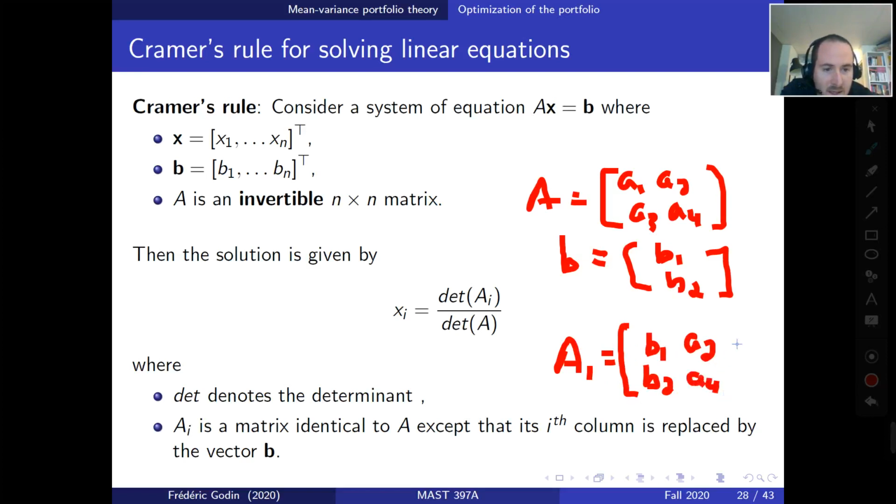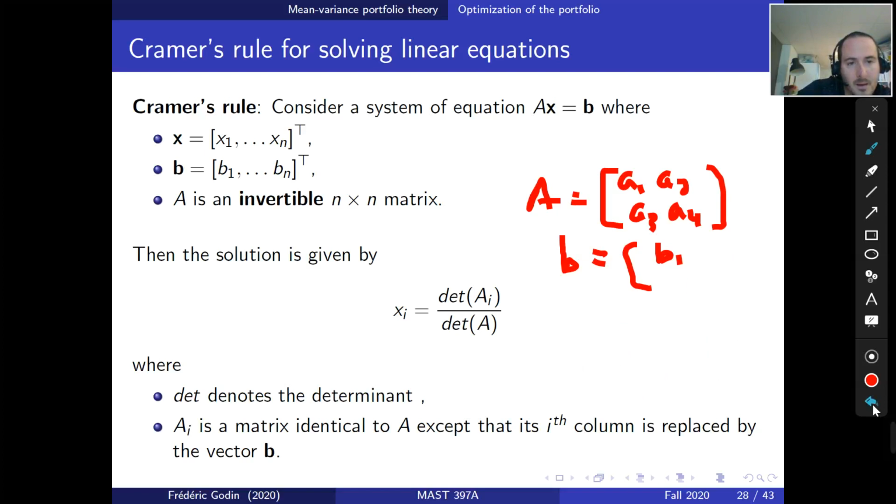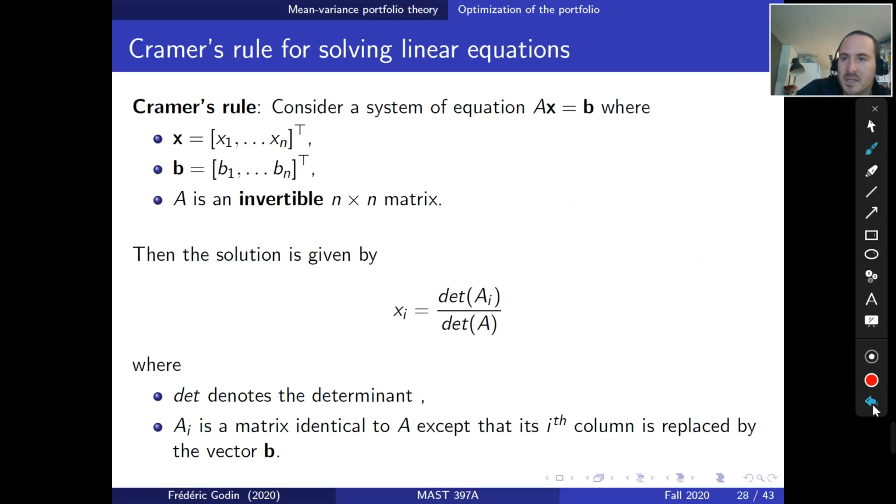So A1 is basically the matrix A where we replace the first column by the vector B. Similarly, you can define A2, A3, etc. until An, all these matrices obtained from A by substituting the jth column by vector B. So this is Cramer's rule.